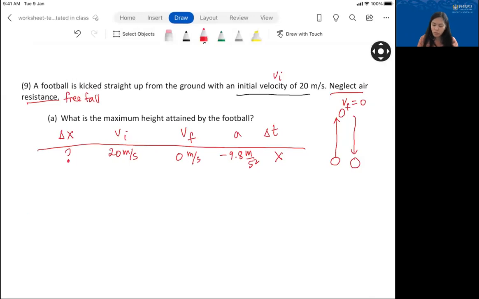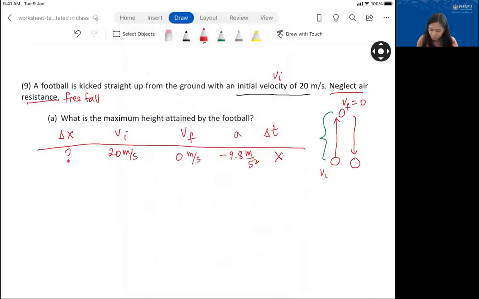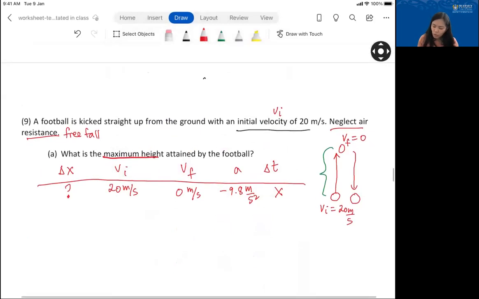So we can say that it's 0 meters per second for the final velocity at the top. We're just looking then at this motion going up, where VI is equal to 20 meters per second and VF is 0 meters per second, right? We'll solve for the maximum height. So we don't know delta t.